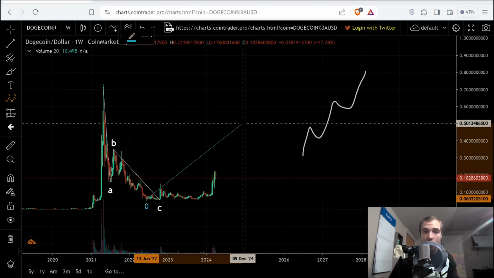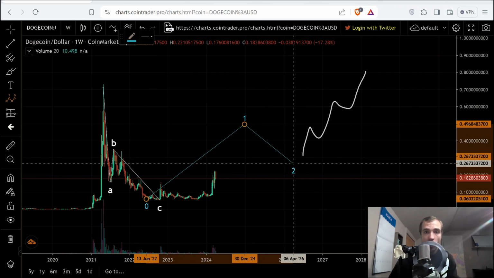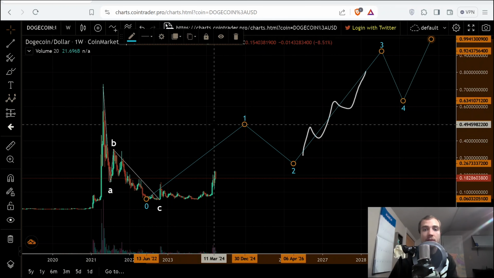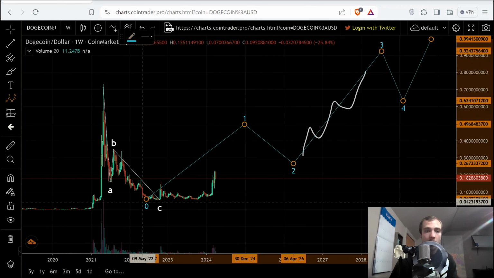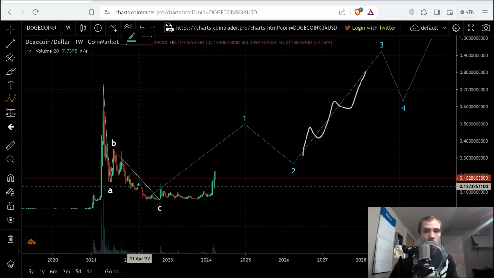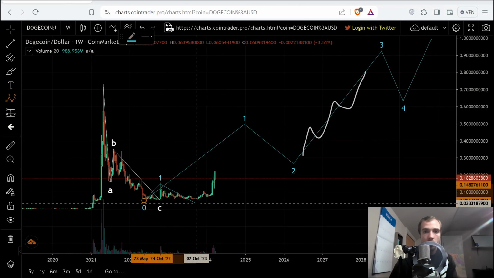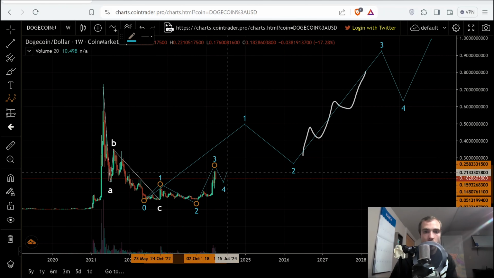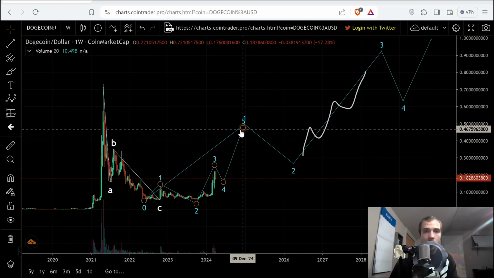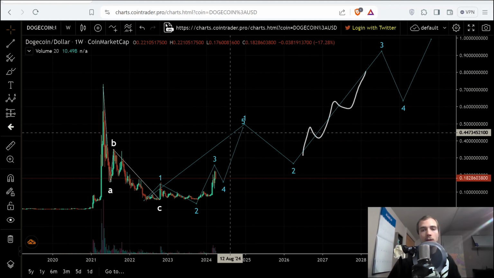So if we were to draw the major waves, it would look more like this. 1, 2, 3, right? Those are the major waves. But inside of those major waves, you're going to get 1, 2, 3, 4, and of course your 5th wave here that I was just drawing. So I hope that makes sense.